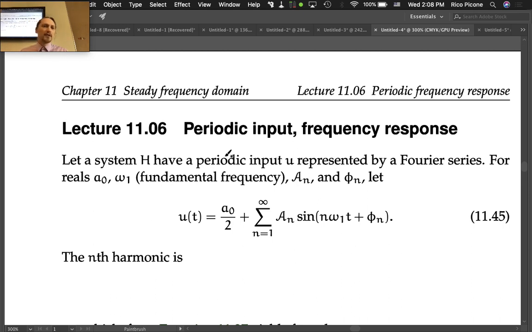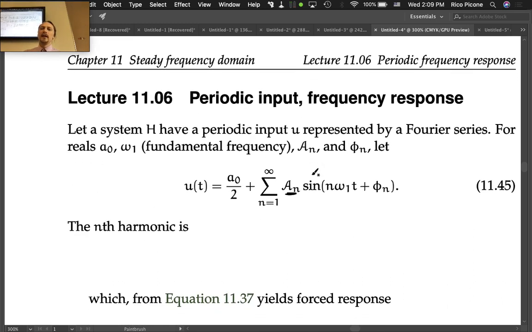All right, so lecture 11.6, periodic input frequency response. Let a system H have a periodic input U represented by a Fourier series. The Fourier series has amplitude components A_n. I used the script A here. And we've got frequency components, integer multiples of the fundamental frequency, omega 1.